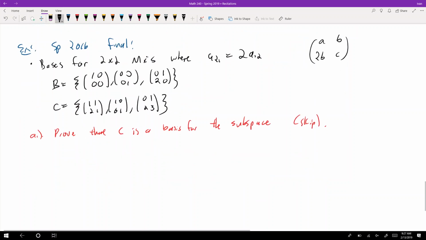Let's talk about B. All right, find a change of basis matrix PBC, and this is how the problem was actually given. So when you see PBC, you really want to think that guy with the arrow.